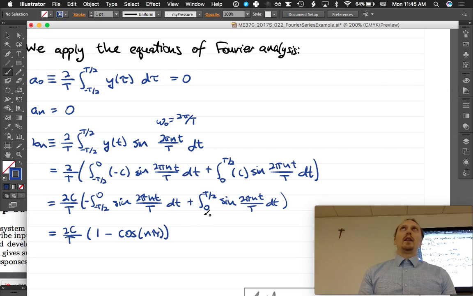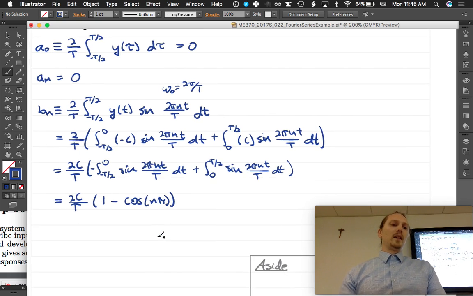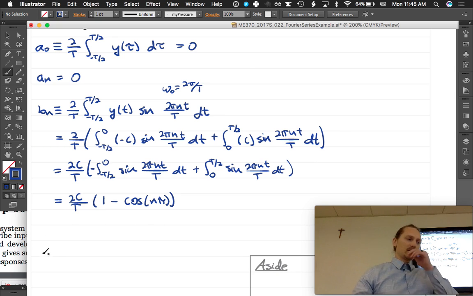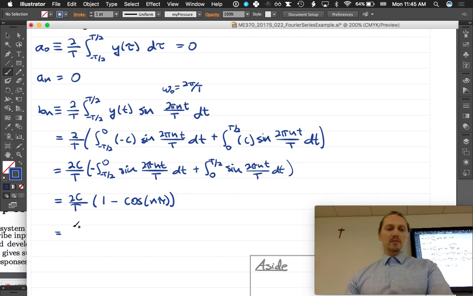Now, that expression is something that we can simplify even further. These are the bn's, but we can compute this for even and odd values of n and get something that makes sense. So what happens if n is even?